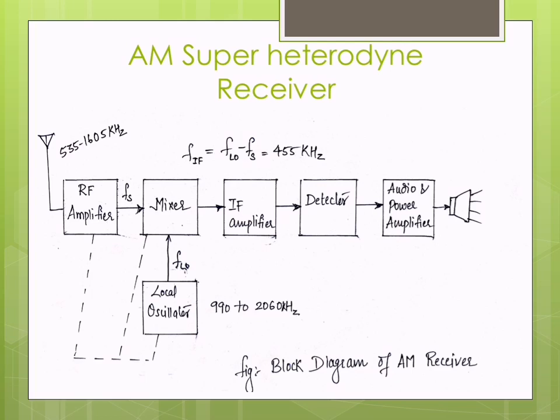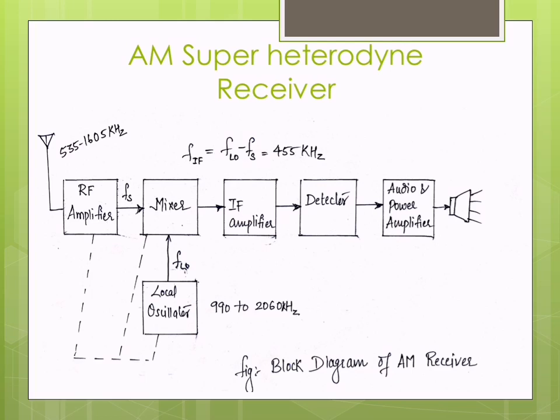The RF amplifier will take only the wanted signal and give it to the mixer. The signal coming from the RF amplifier is FS. The signal coming from the local oscillator is FLO, and that is also given to the mixer.